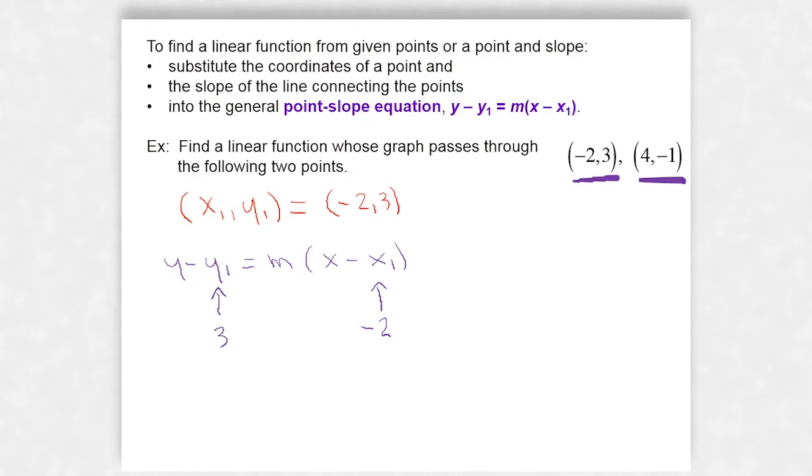In this case, I'm not given the slope, but I know how to find it. I can say my slope is my change of y over my change of x. If I list x2, y2 as the other point, which has coordinates 4, negative 1, then the change of y would be y2 minus y1.